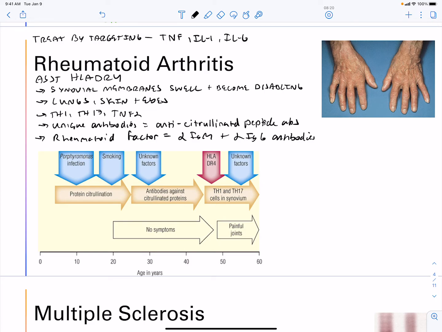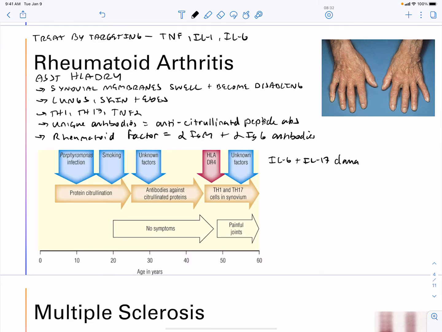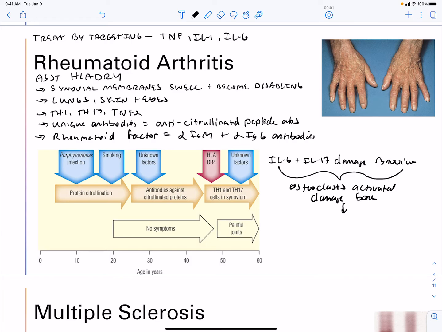Now, what's going to happen here is you're going to have IL-6 and IL-17, and these are going to damage the synovium. And it's going to lead to osteoclast activation, and the osteoclasts are going to be active and damage bone. And this is going to lead to erosion.